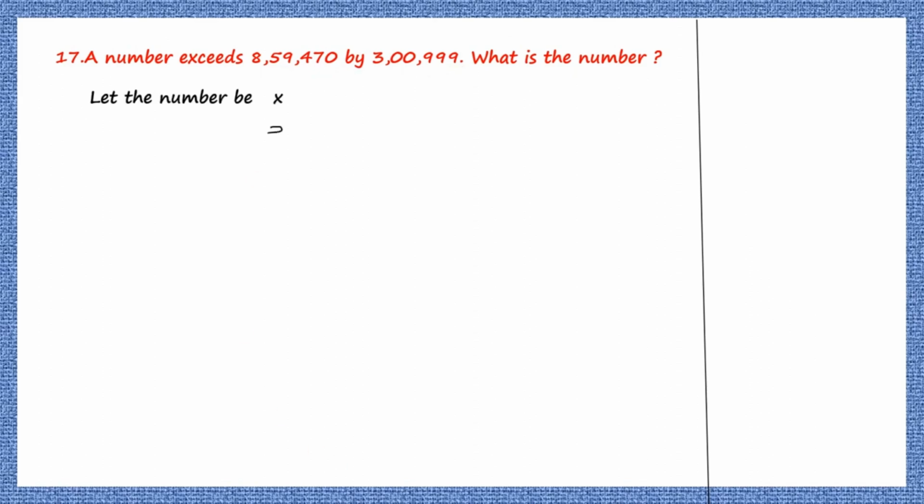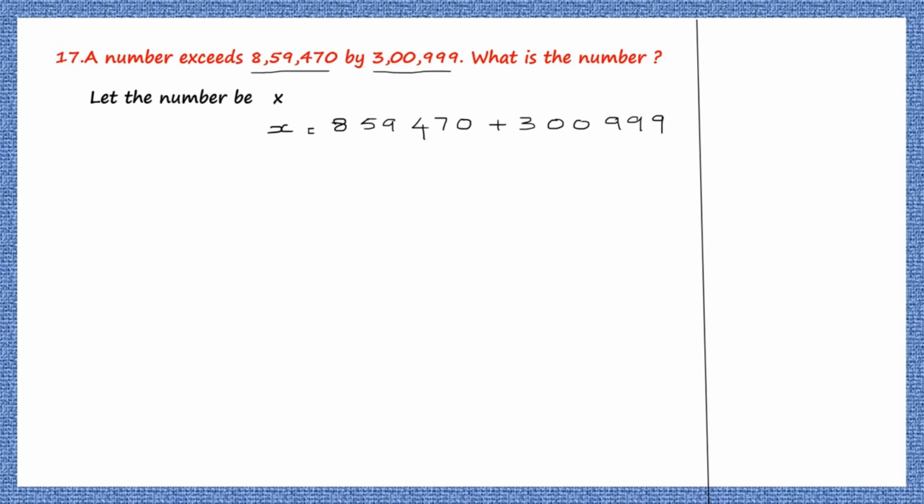Now to find x, we know that x is more than this number. So let's write down that number, 8,59,470. It is more than this by 3,999. That means we need to add it here.